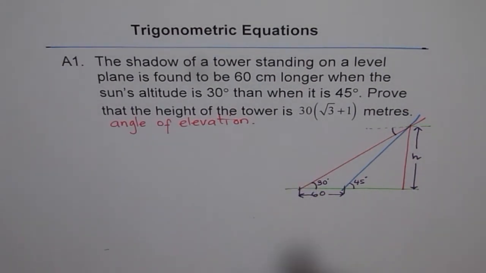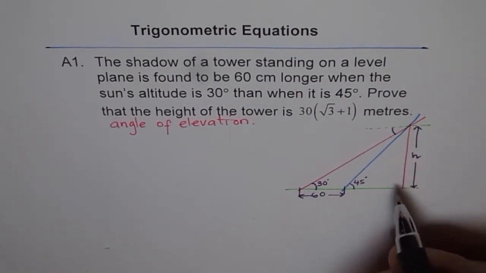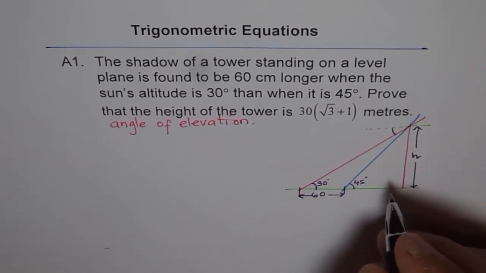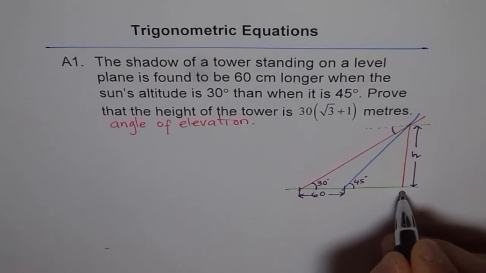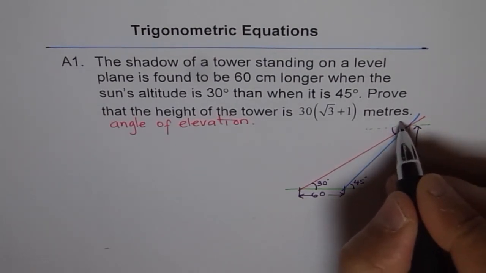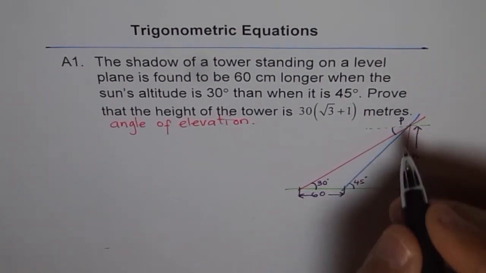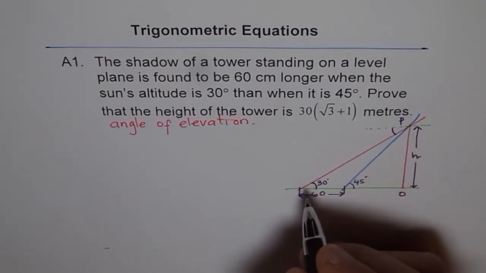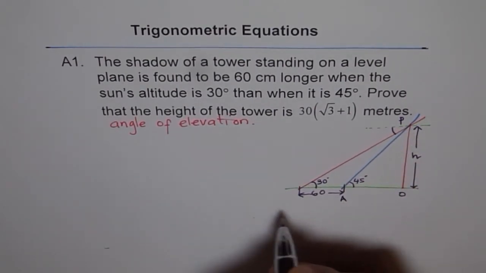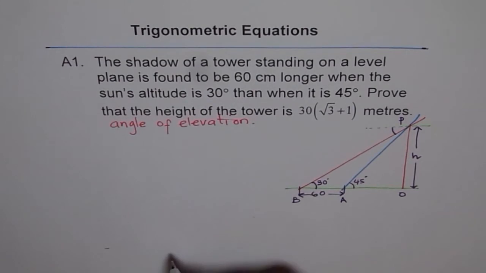Let's figure it out. Now from this triangle, let's label it first, right? So let's say this is O and let's say P at this point, the peak of the tower. And let these points be A and B. Okay.